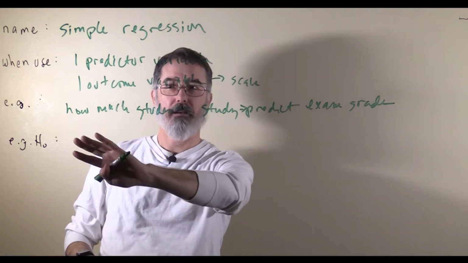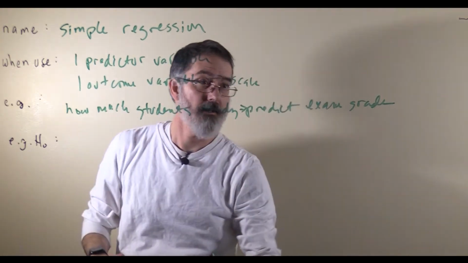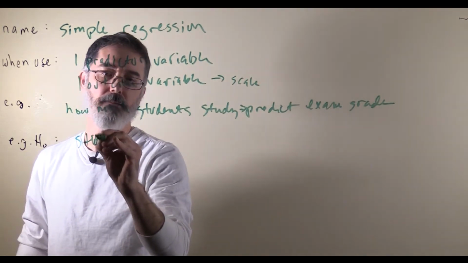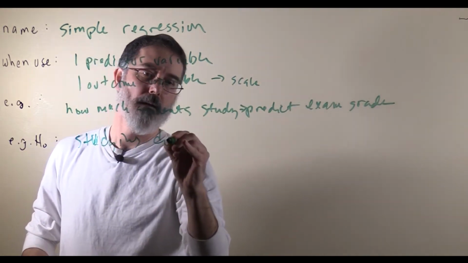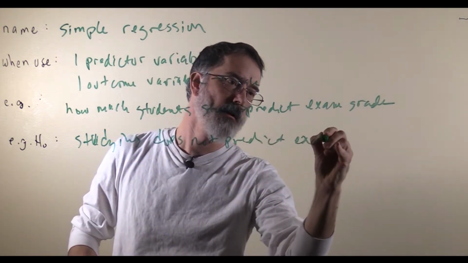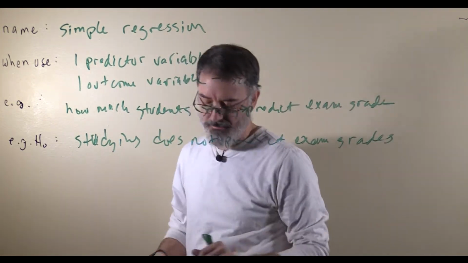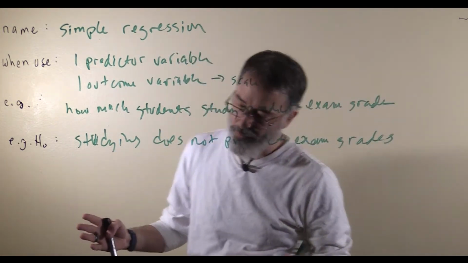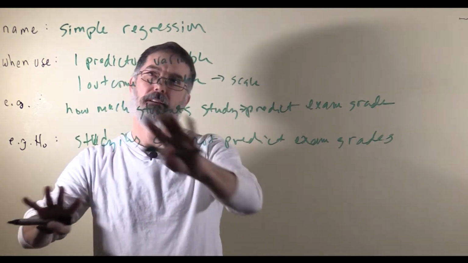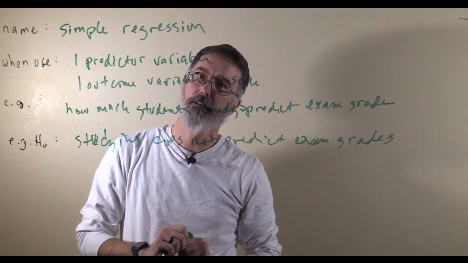So in that case, the hours studying is unrelated to or does not predict exam grades. So I'll say studying does not predict exam grades. Usually I would have written this null hypothesis with population parameter symbols. But since I haven't introduced enough material yet for this regression, we're going to come back to what these null hypotheses look like in a little bit.